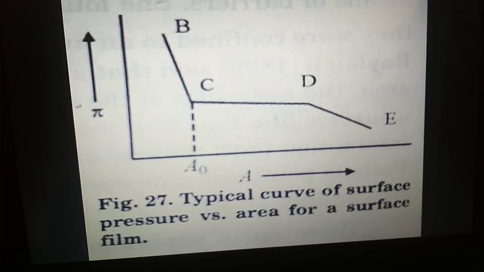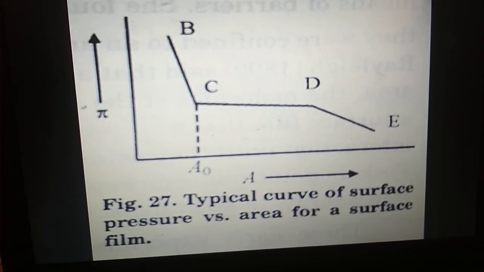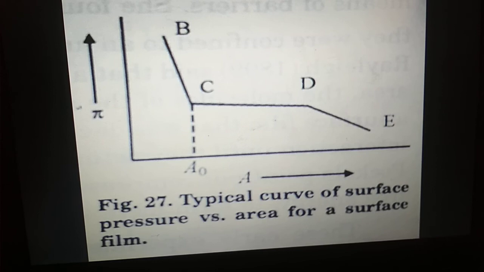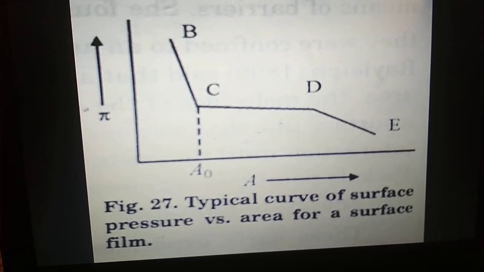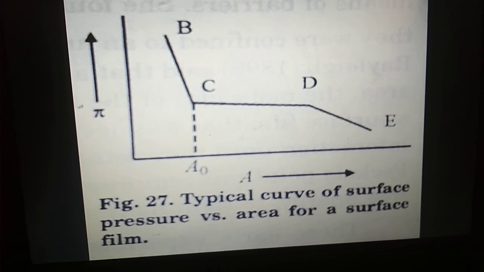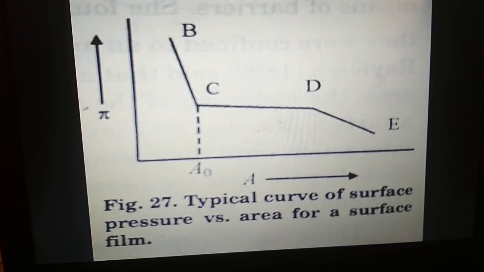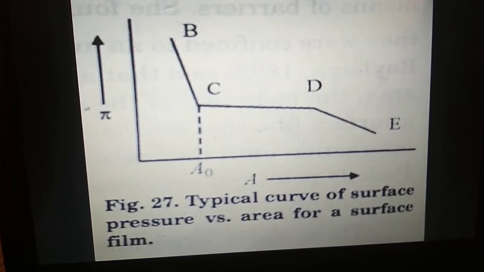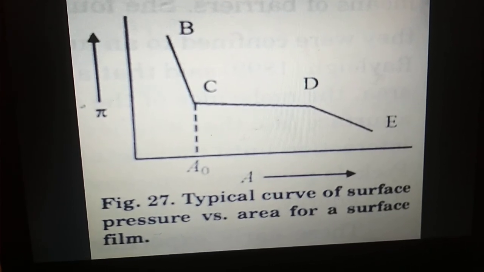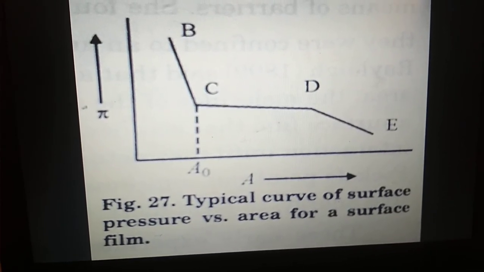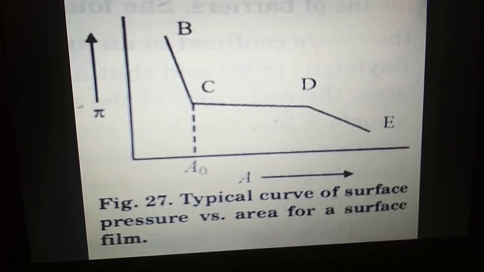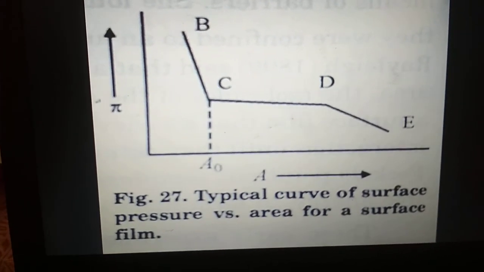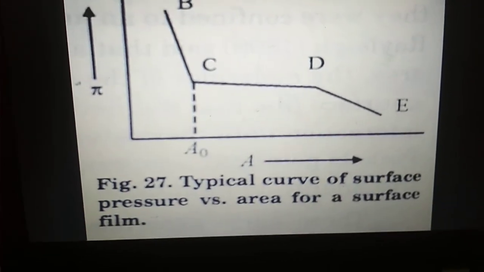At point C, the film has been compressed sufficiently to bring the molecules almost into contact with one another, so that the film strongly resists further compression. The area A0 at the focal point is divided by the number of molecules to give the cross-sectional area per molecule.